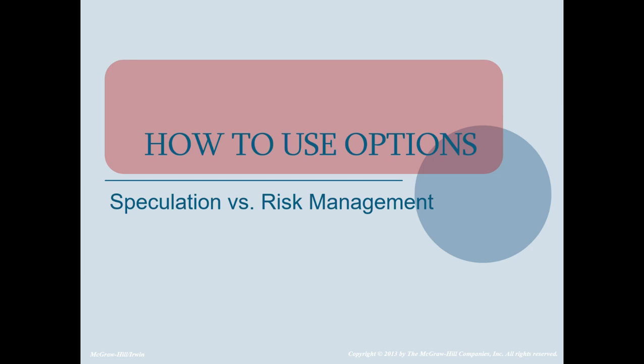In this case, you might want to consider using a put option to bet on the stock price declining, because in the future, when the stock price declines, your put option will generate gains. But when the stock price increases indefinitely, the maximum loss is just the price that you pay for the put option.